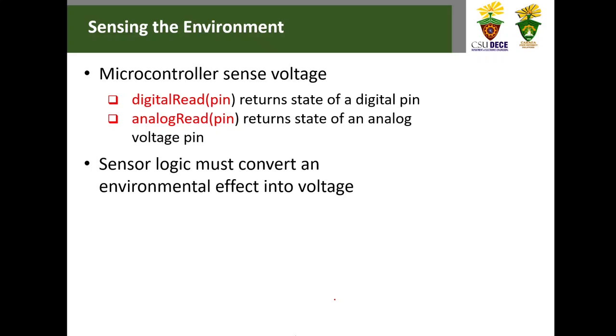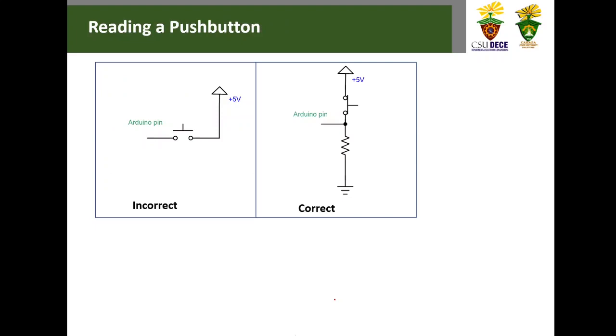So let me have this example: reading a push button. So sa pag-press nato og button, dili na siya directly nga mo output of voltage since it is like a switch, right? So in building a circuit, there are certain cases nga incorrect nga connection o correct nga connection. How is it?